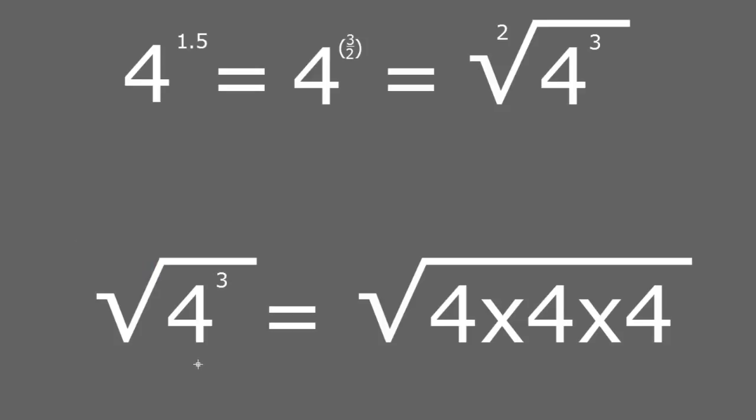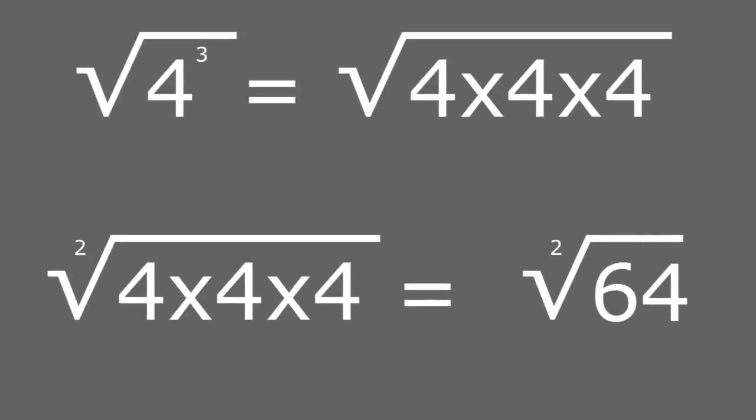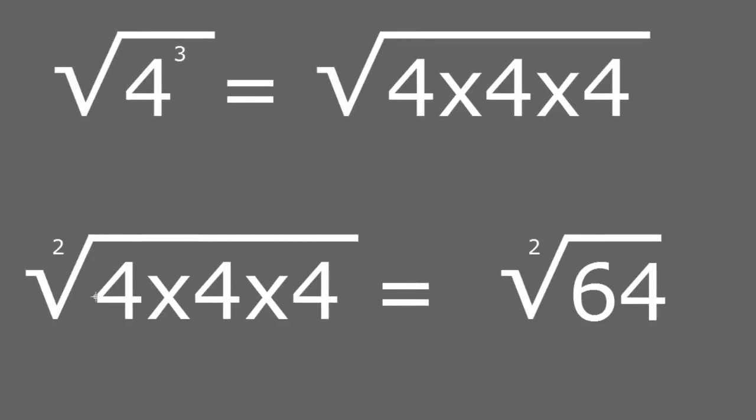And remember, what is 4 cubed? It's nothing more than 4 multiplied by itself a total of 3 times. 4 times 4 times 4 again. Anyway, 4 times 4 is 16, and times 4 again equals 64.